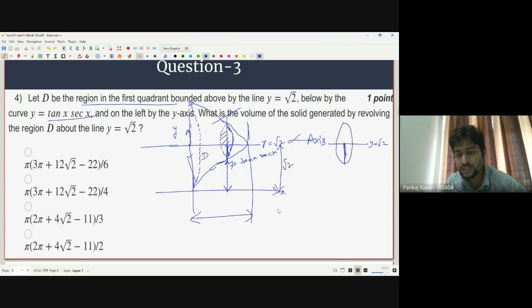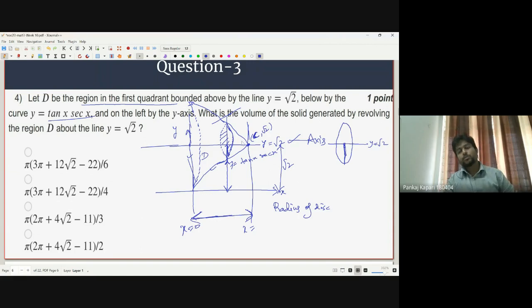Okay, so what is the radius of the disk? So note that in here your variable of integration is x, right? Because your disks vary from here to here, right? The lower limit to upper limit. So these cross sections, the disks, they vary from the line x equal to 0 to x equal to how much? So when you get root 2, okay, so this is some point which has some x, comma, root 2.